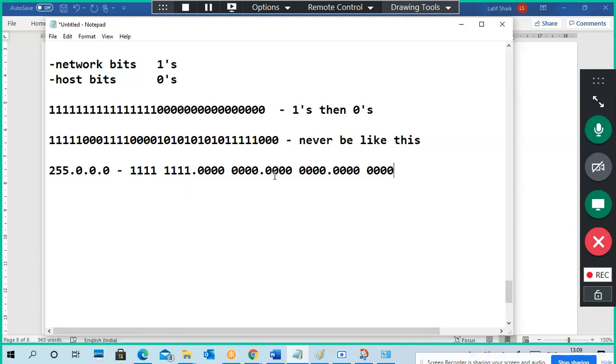If you take 255.255.0.0, it will be like this.